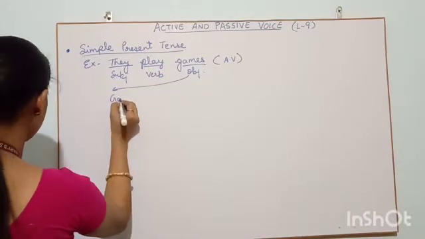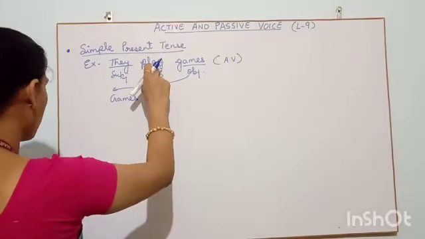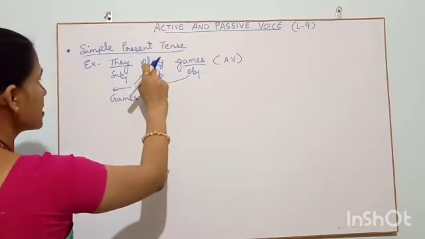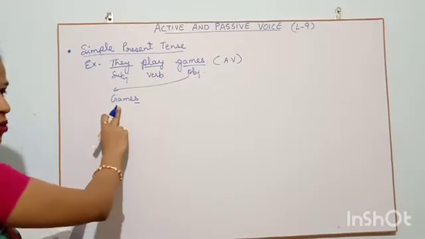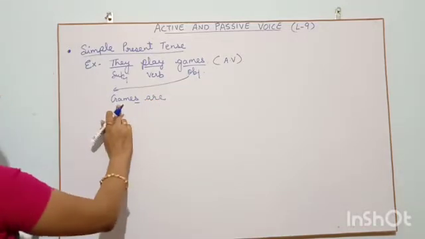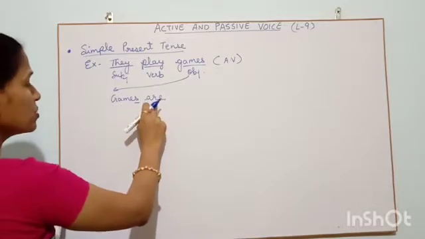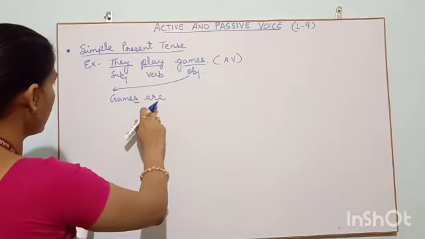Games. Since the word is play and it is in present tense, here we have games. We will use "are". If it would have been game, then we would have used "is". But since it is games, plural, I will be using the plural here.